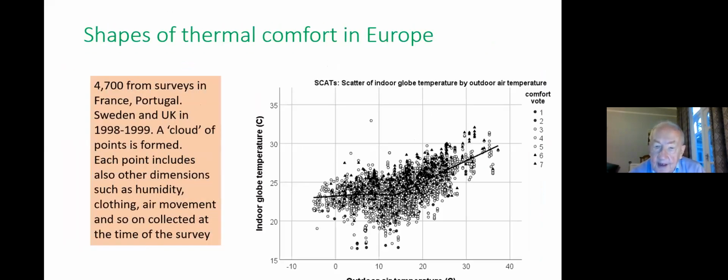So the temperatures go down further and they go up.